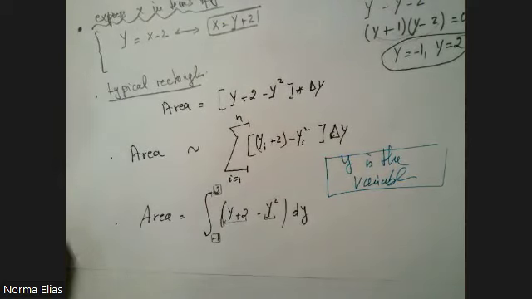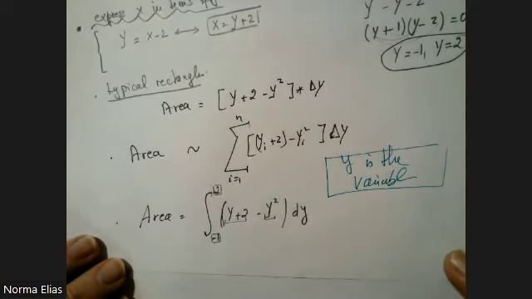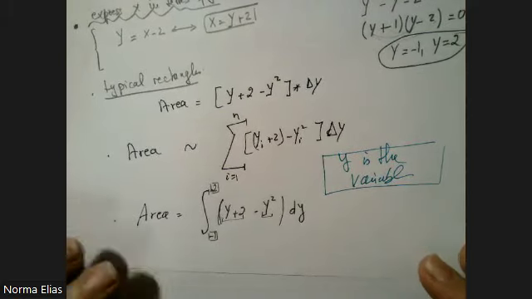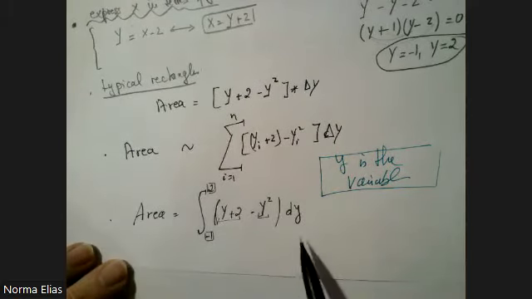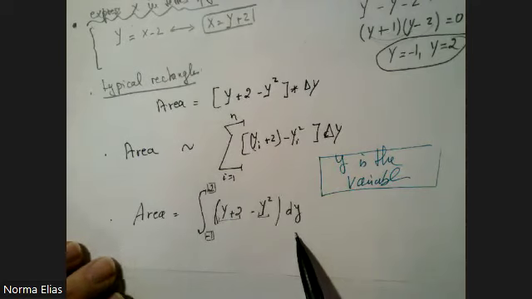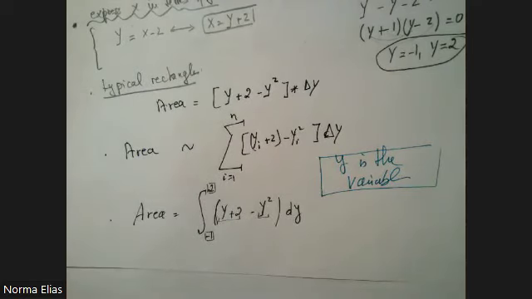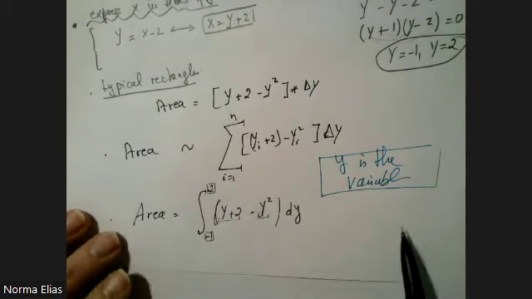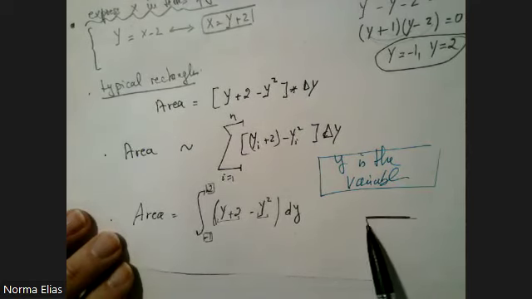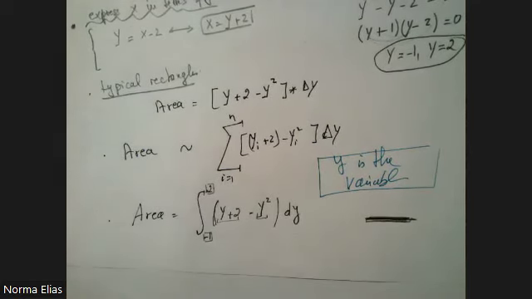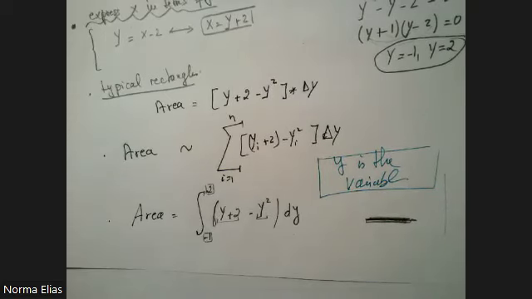The integration is very easy, so I don't feel I need to do the integration. So this is called integration with respect to y, because we look at y as my variable, and all my slices are this time those horizontal slices, because it's easier than taking the vertical slices. They avoid splitting in this situation.